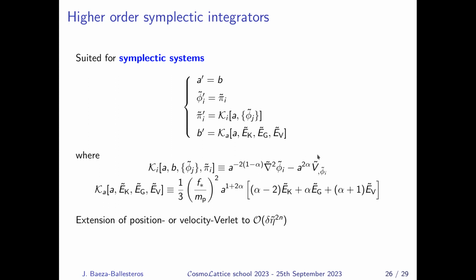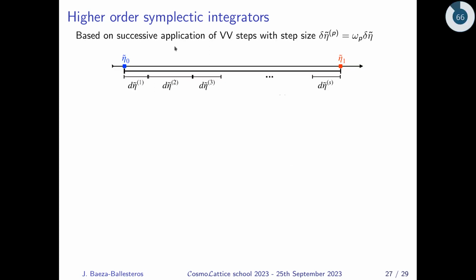And the way in which we are going to solve them is by applying velocity Verlet in a very wise manner. What does it mean? It means that we have our initial conditions defined at some time, eta naught, and we want to solve to obtain the result after some time. So we want to apply a time step evolution of this algorithm and obtain the result at some eta 1.